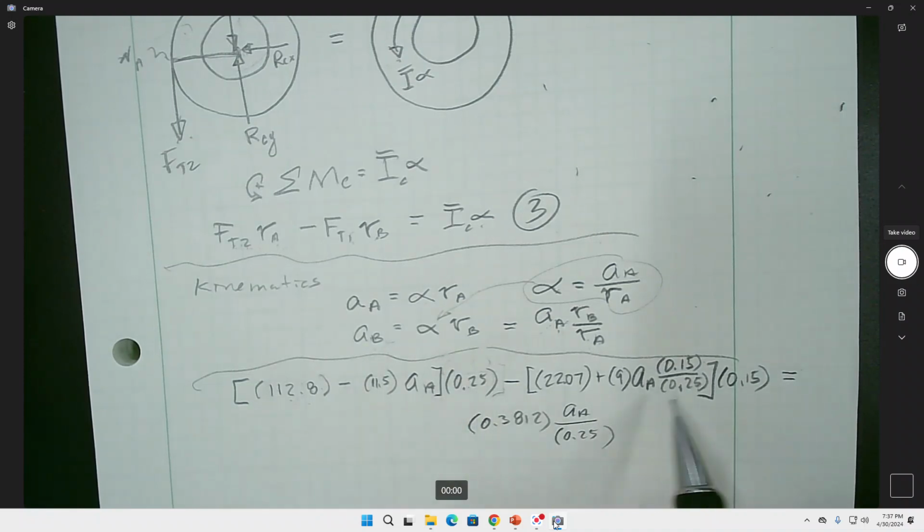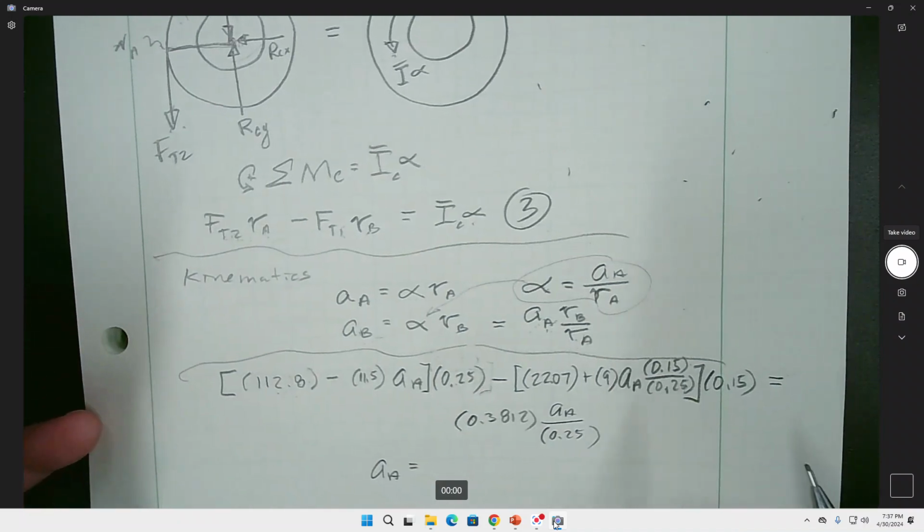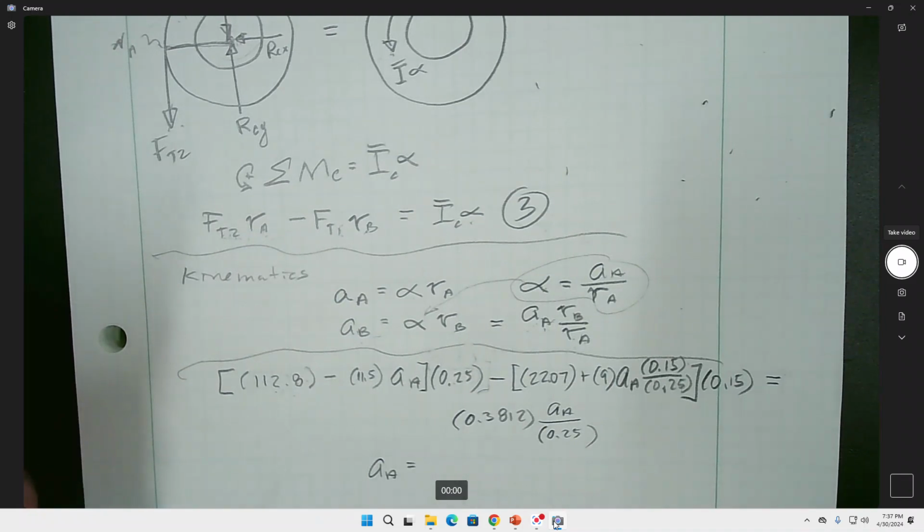So all we have in here that's missing is the acceleration of A. And if we do it very, very carefully, that's a lot of calculating that could go wrong. So I would sometimes do this myself in two steps for fear of losing focus.